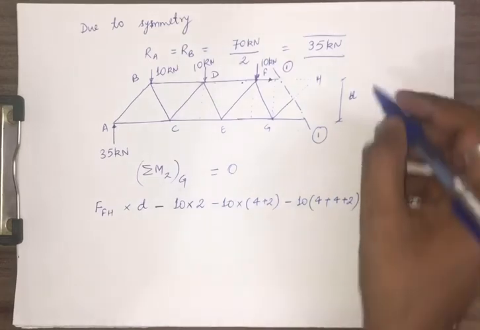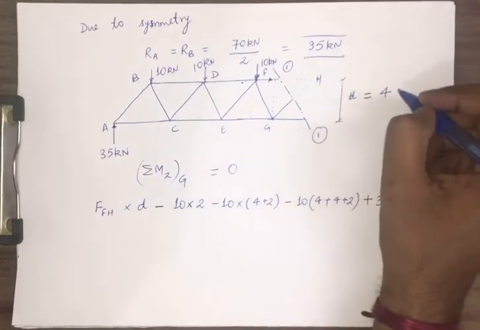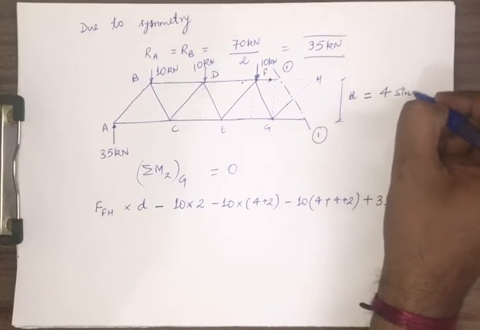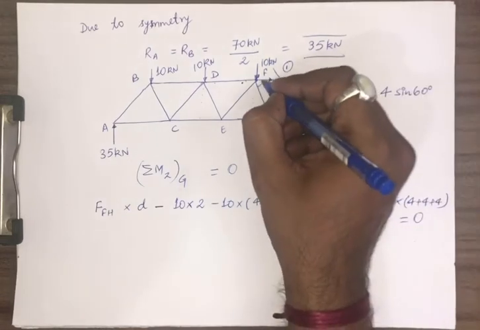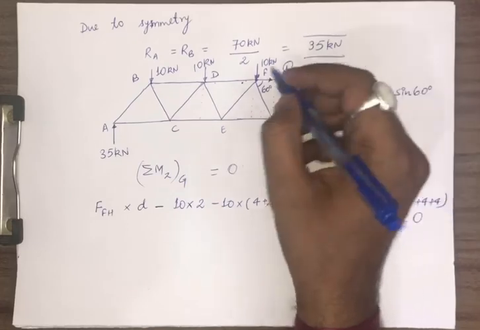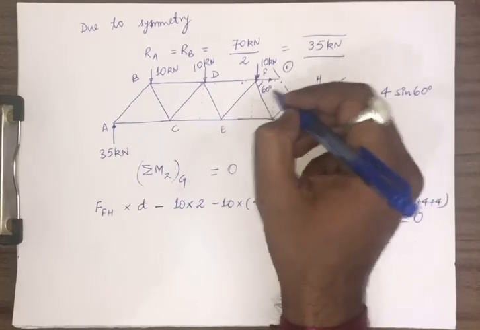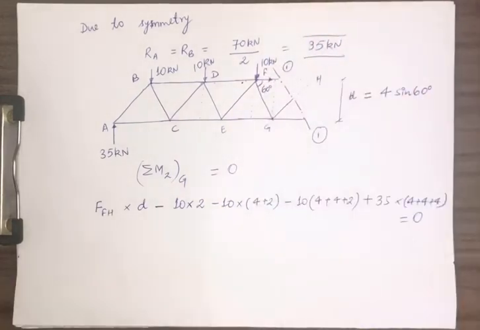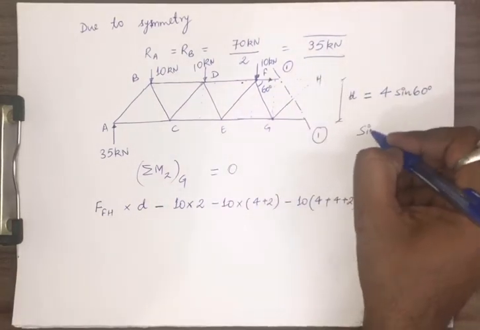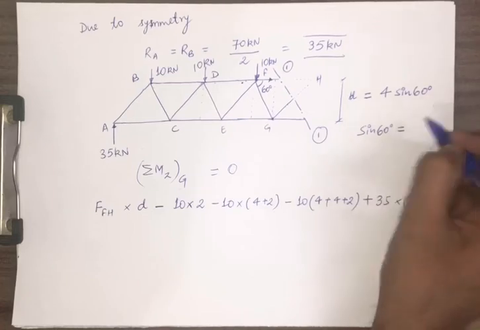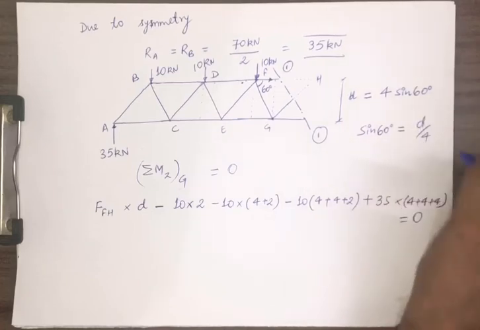Okay, so how much is this d? This is 4 sine 60. Clear? Why? This is 60 degree, this is side 4, so sine 60 is d by 4.